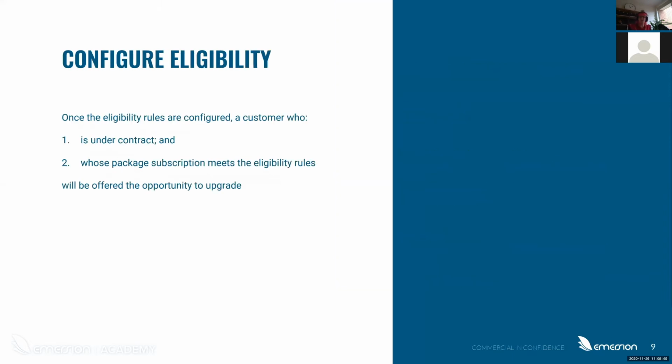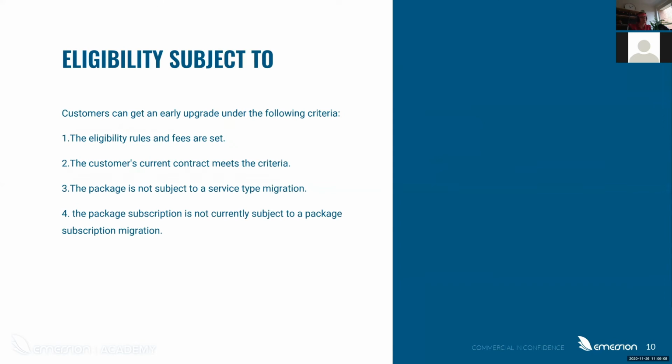The first thing you want to do is configure the eligibility. We do this in the admin screens, for a customer who is under contract. Once they're under contract and once they meet the eligibility requirements, they're offered the opportunity to upgrade through Cumulus, or rather you're prompted that you can offer that upgrade. They can get an upgrade under the following rules. The eligibility and the rules are configured within the contract, and we'll take a look at one soon.